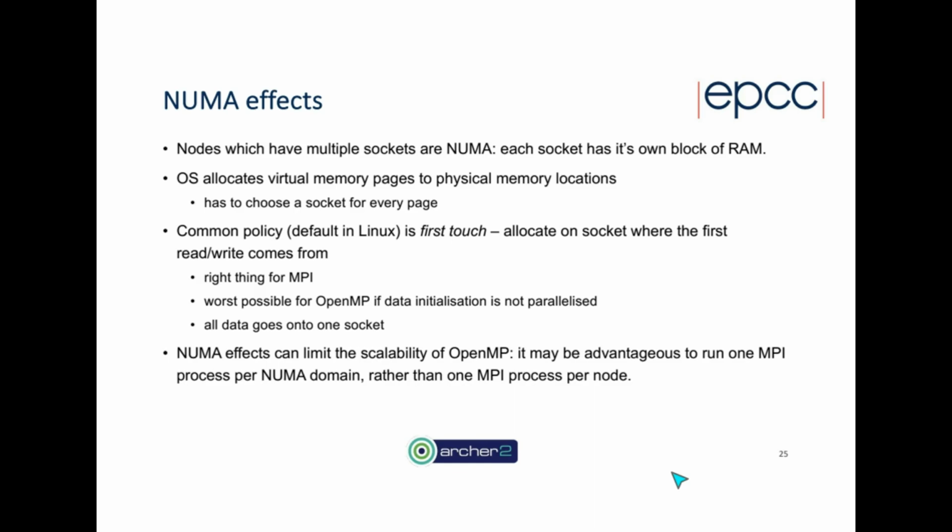There are 8 NUMA domains per node. That usually means on ARCHER2 you want to run at least 8 MPI processes per node. And it's very rare to see cases where fewer than 8 MPI processes per node is optimal for hybrid programs.